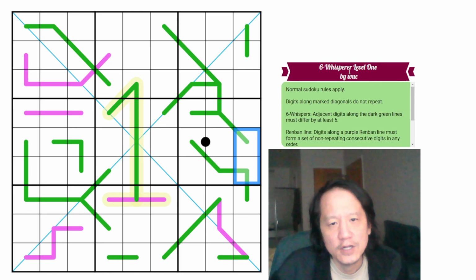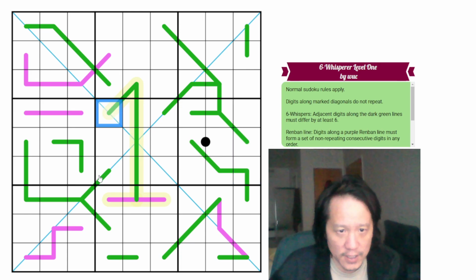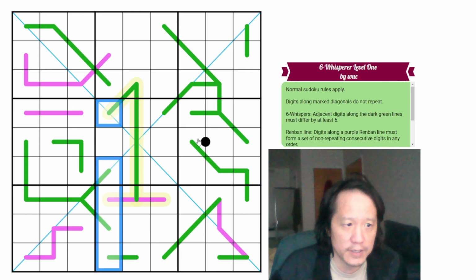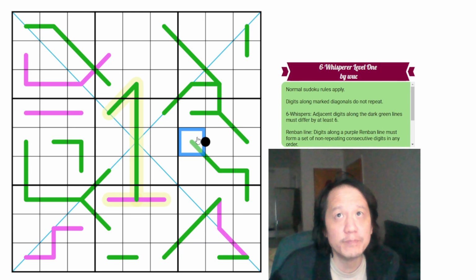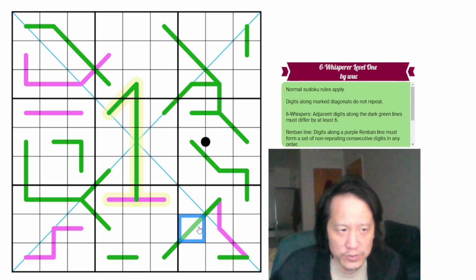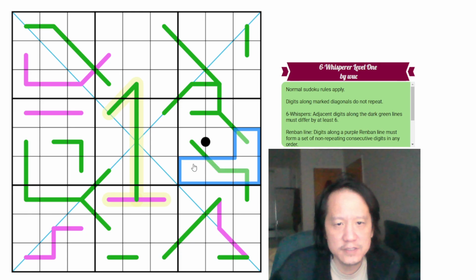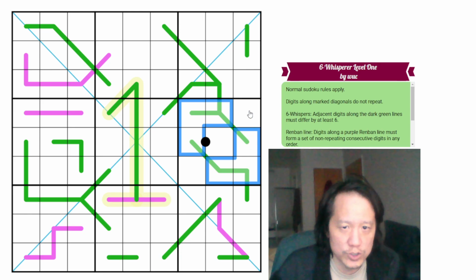So for any box or row or column that has a 6 whisperer on it, you can only have 6 digits at most on that. And the one that comes to mind that I first see is box 6, which has 6 digits connected to a 6 whisper line.